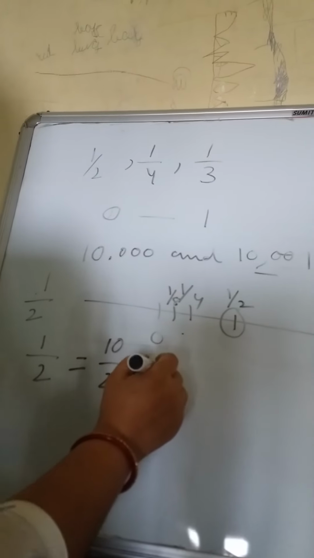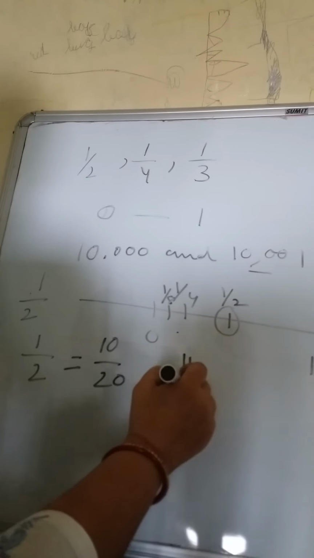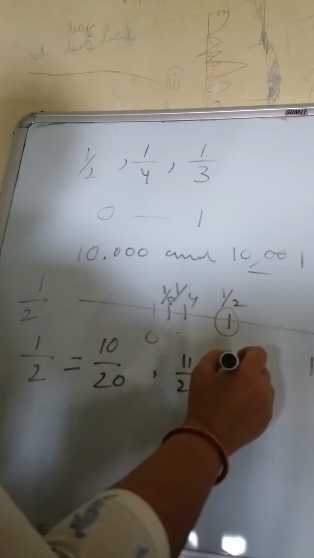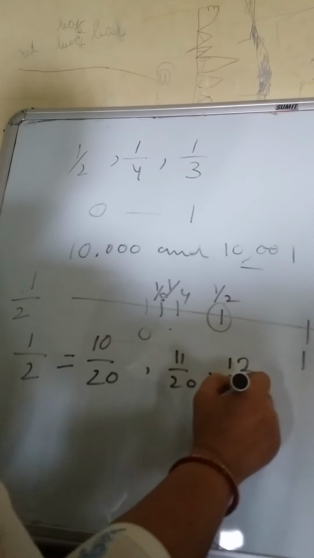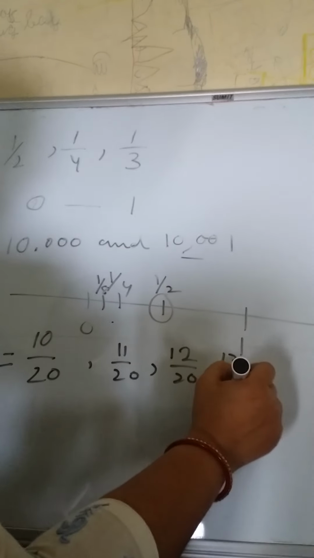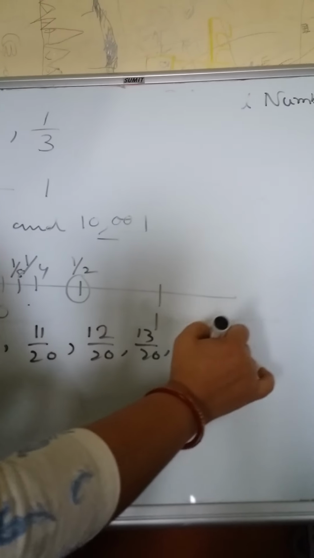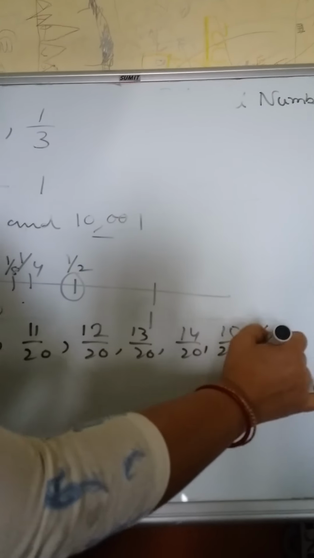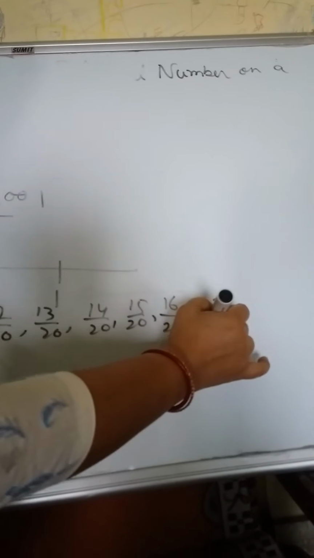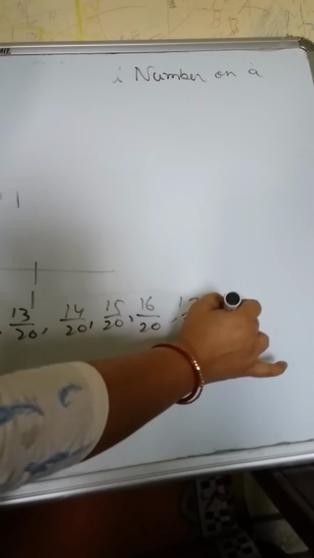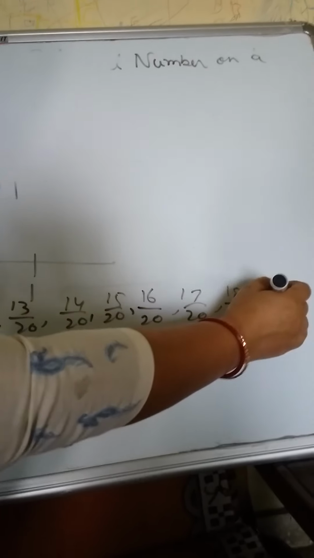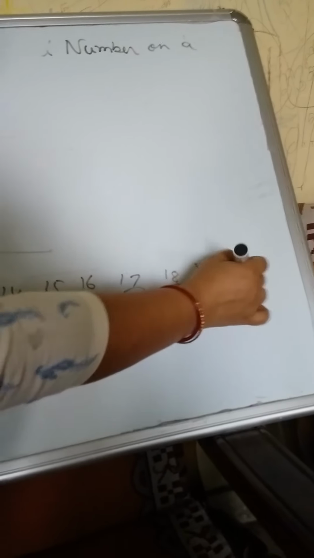So after 10 by 20, we can write 11 by 20, 12 by 20, 13 by 20, 14 by 20, 15 by 20, 16 by 20, 17 by 20, 18 by 20, 19 by 20, 20 by 20.